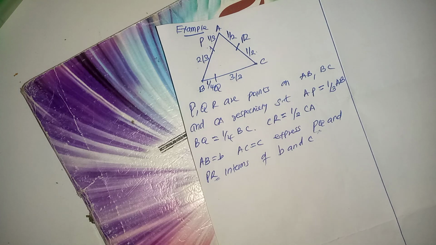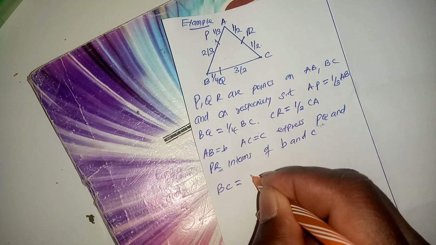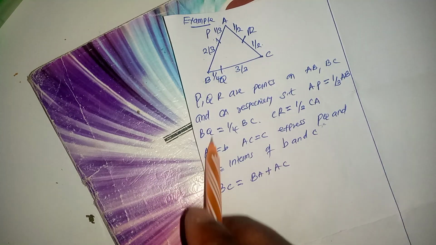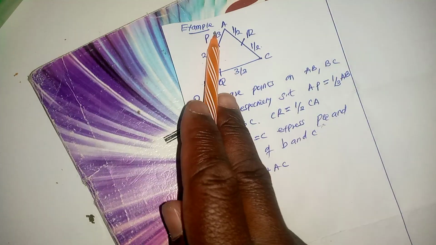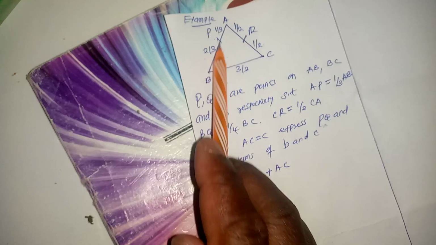We can see that BC is equal to BA plus AC. We can use this route: BC is BA plus AC.